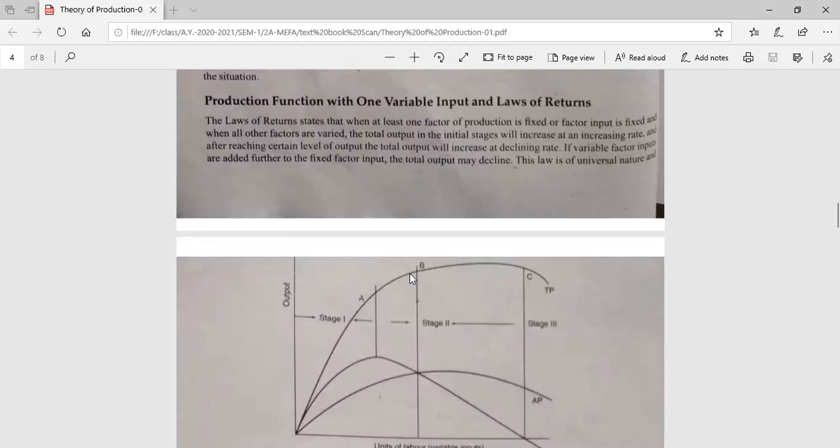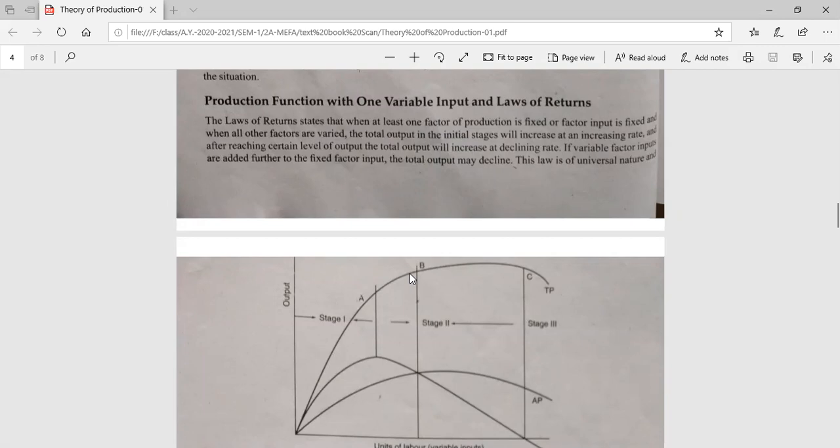Do you get now? In the starting stage, when I increase my labor by 1 person, for every 1 person increase, it is around 100 units output increase. But later, after some time, there is an increase, but it is a declining increase. It is not a proportionate increase.